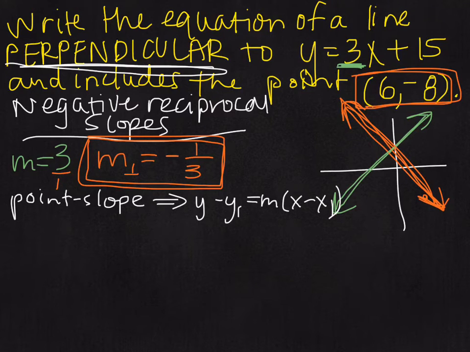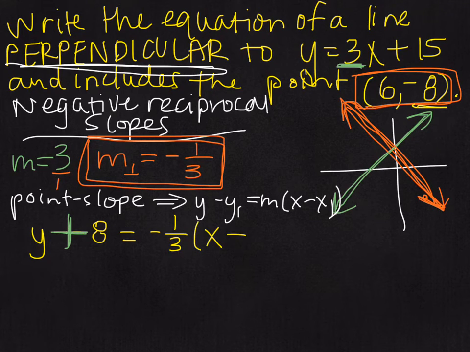We know y minus, your y1 is negative 8, minus negative becomes y plus 8, equals m, which is negative 1/3, times x minus 6. Now we can solve this.